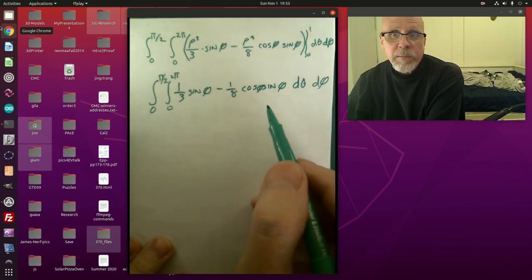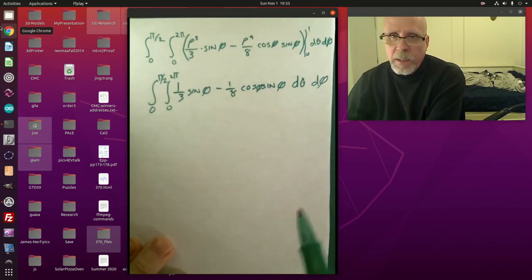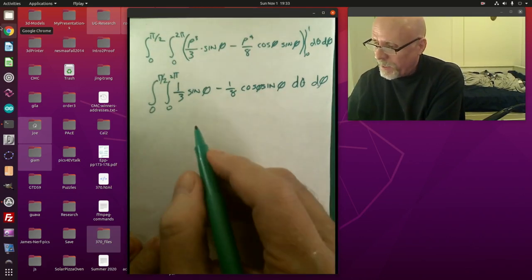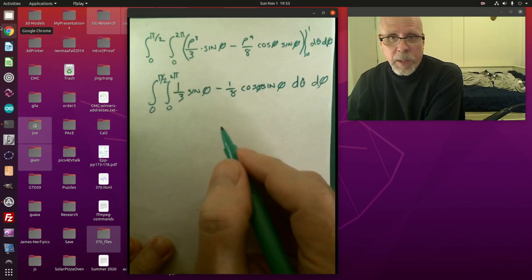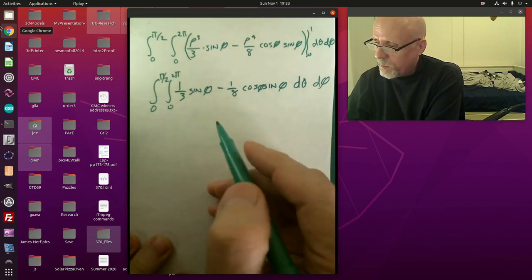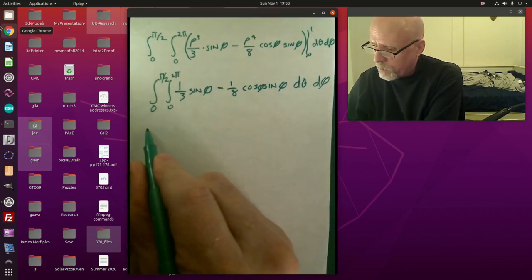Only the d theta involves theta, so you just get that stuff times theta. Evaluating between 0 and 2 pi, it pulls out a factor of 2 pi, and that can come right out of the other integral because it's a constant.